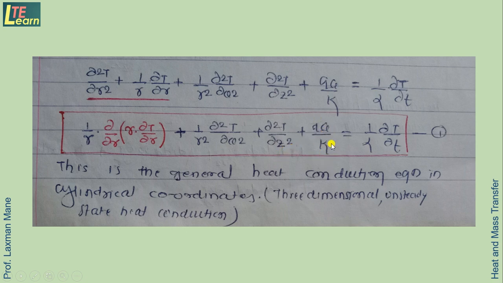This is the internal heat generation, and the right-hand side is the thermal diffusivity. This is the general heat conduction equation in cylindrical coordinates in three-dimensional unsteady state.